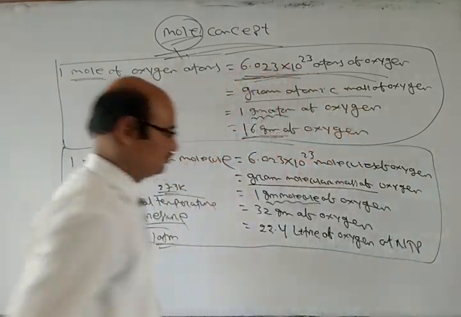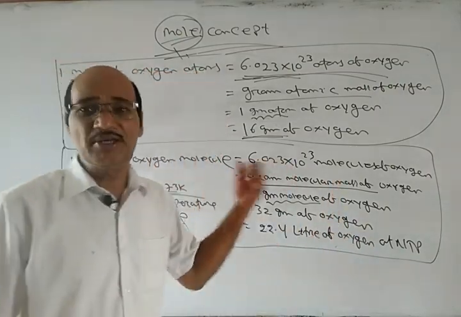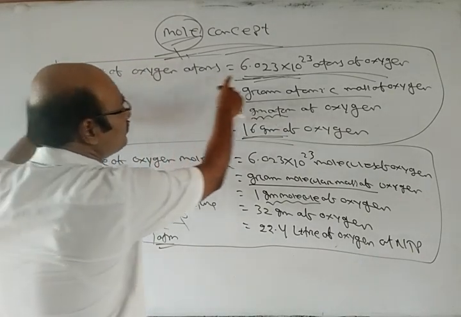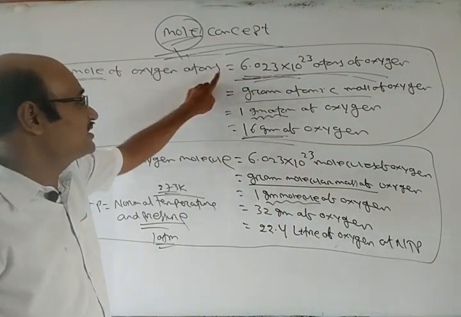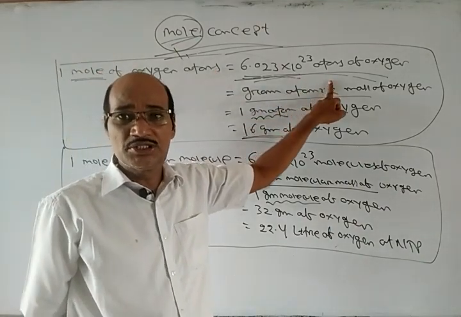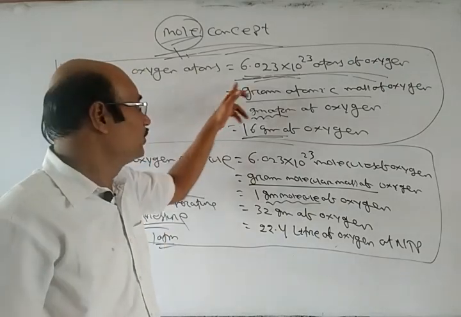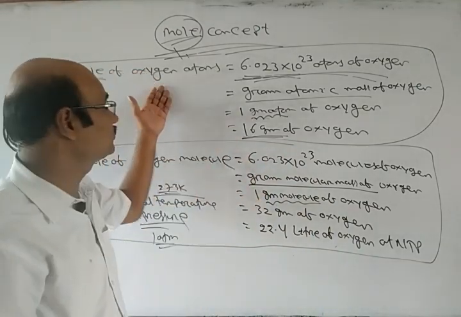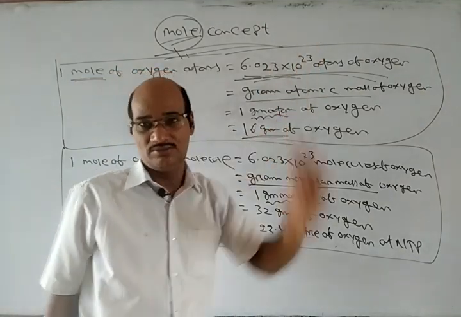So this is what about the molecule. Okay. Now from this you see what we can establish. See, 1 mole of oxygen atom is equal to 6.023 into 10 power 23 atoms of oxygen. So here we can establish a relationship between number of moles and number of atoms. If I take 2 moles, it is 2 into that many atoms of oxygen; if I take 3 moles, 3 into that many atoms; if I take x moles of oxygen, it is equal to 6.023 into 10^23 into x atoms of oxygen.